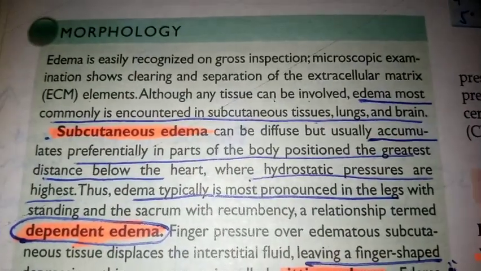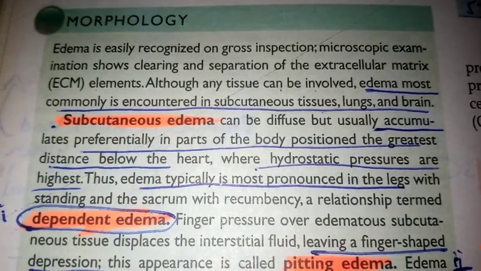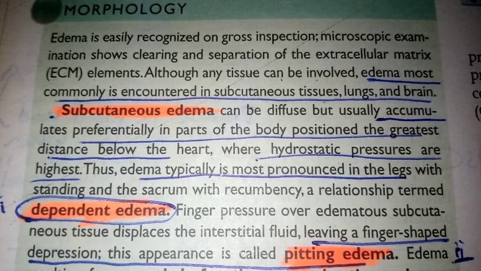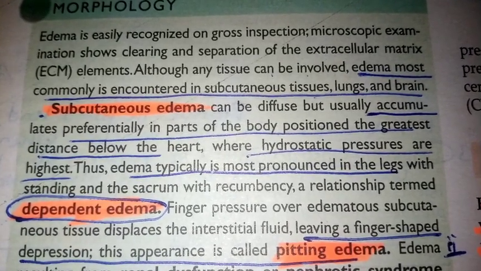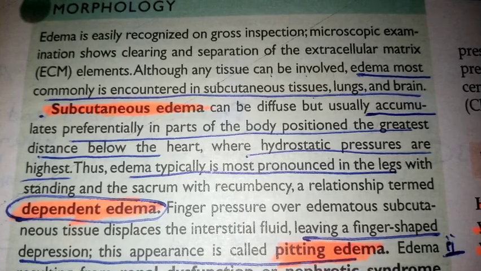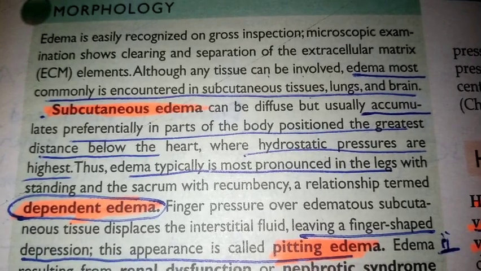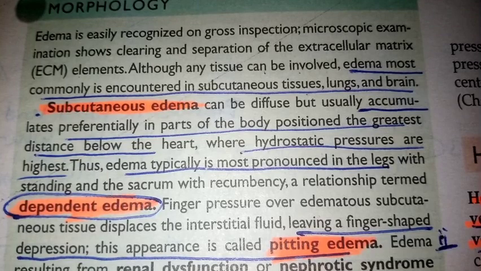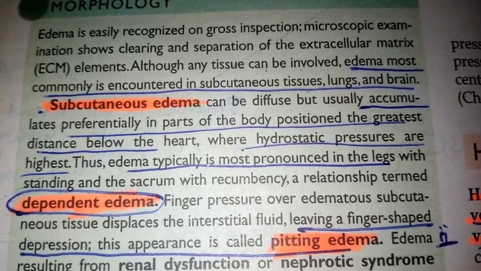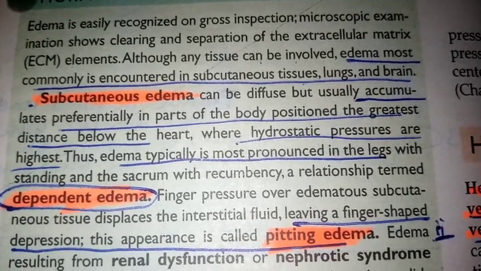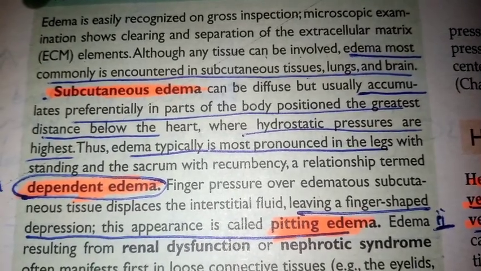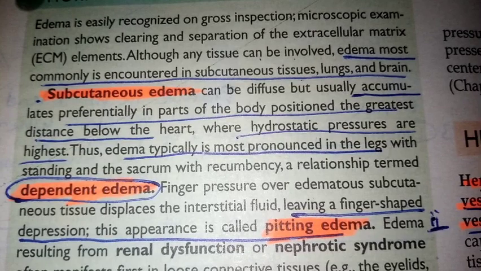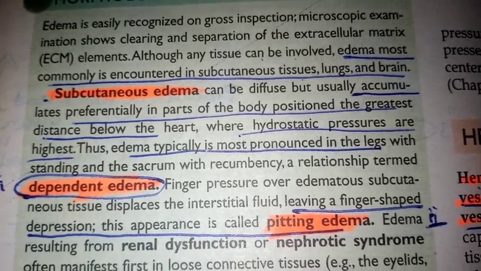What we discussed in the morphology: we discussed subcutaneous edema, which accumulates preferentially in the body parts positioned the greatest distance below the heart, where hydrostatic pressure is highest. That is the term dependent edema, where the finger displaces the interstitial fluid, leaving a finger-shaped depression.